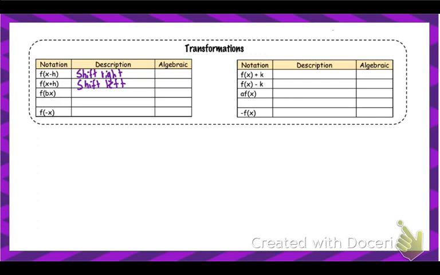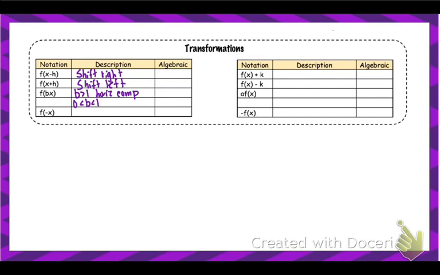F of b times x, that depends on the value of b. So if b is bigger than 1, okay, 2, 3, 7, 12, then that is a horizontal compression. And I will tell you guys right now, the most missed transformation is this one right here. And it's because of that kind of backwards mentality.